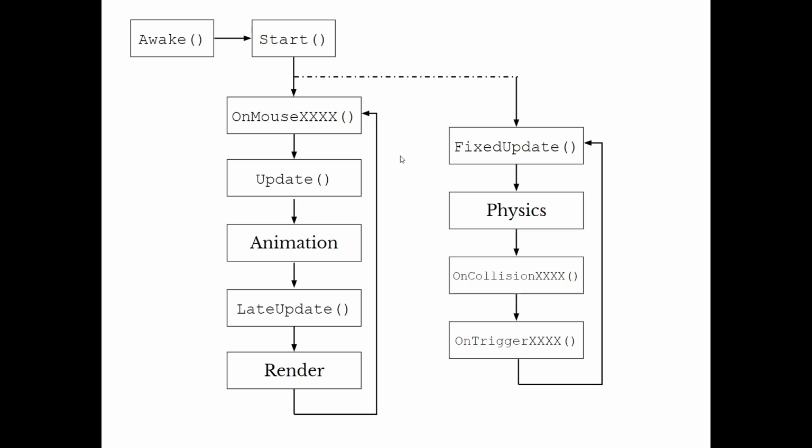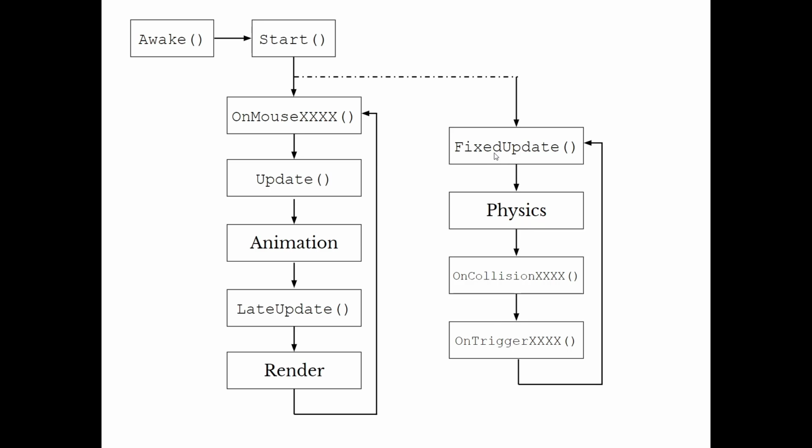So going back to our diagram of what the Unity engine really looks like, now we can see where that physics loop is. We have the awake, the start, the normal loop, which is our user interaction events, our update, and so on. Our animation step, that's what Unity is calculating for us based on how we've set up our animations, and then ultimately our render, and that's happening in one loop.